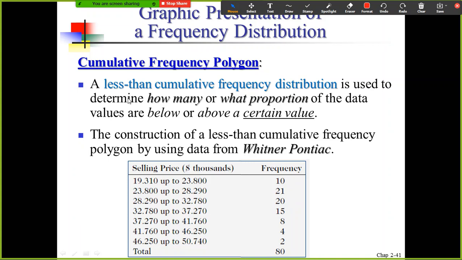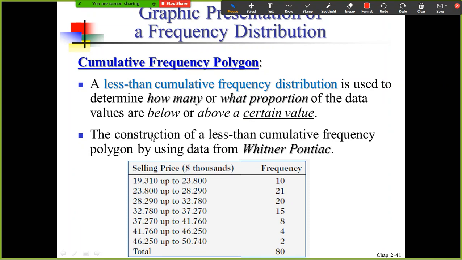So a less than cumulative frequency distribution or a more than cumulative frequency distribution. In order to study either, first you need to know what certain point you base on, what price you base on, if you want to find less than that price, or more than that price.